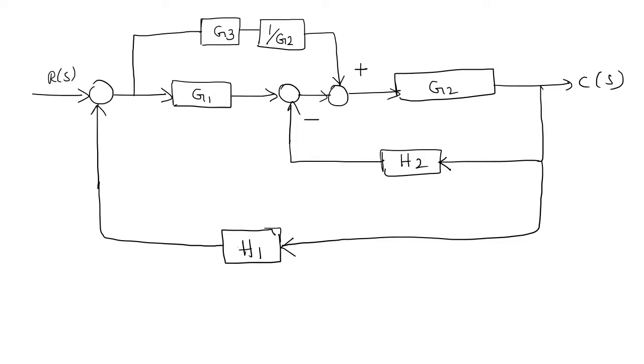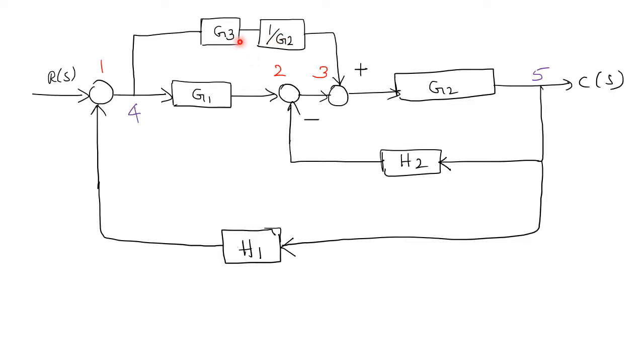So what has happened right now is our summing point 3 has been shifted. The takeoff points are as they are; we have not done anything with the takeoff points. So next, what can be done? You can observe here that G3 and 1/G2 are in cascade. So we can replace G3 and 1/G2 by a single block equal to G3/G2.